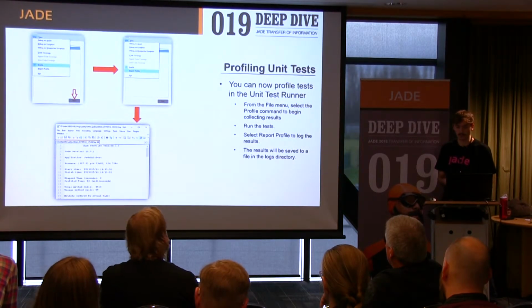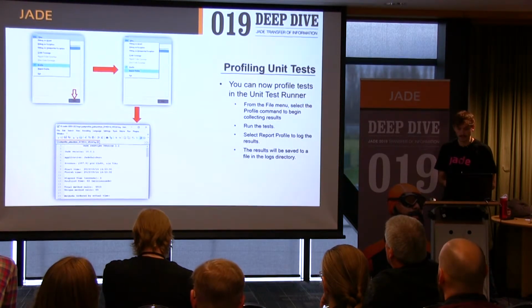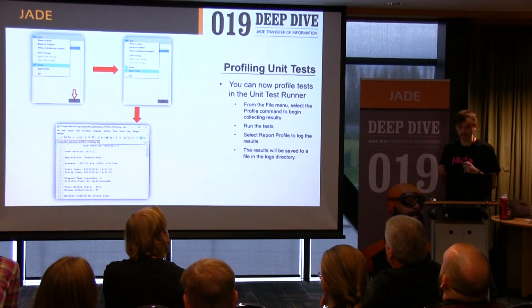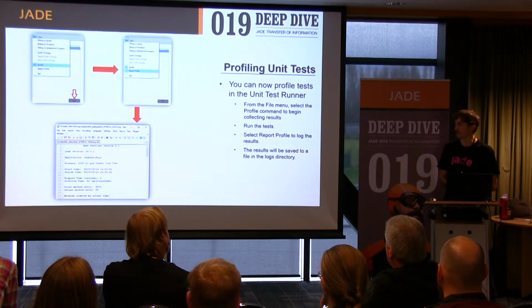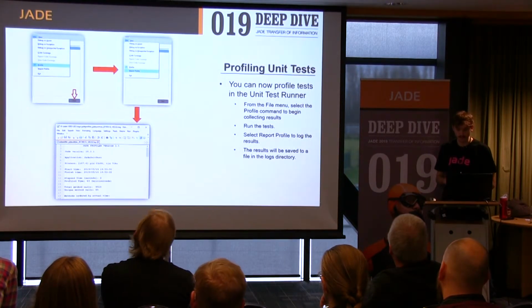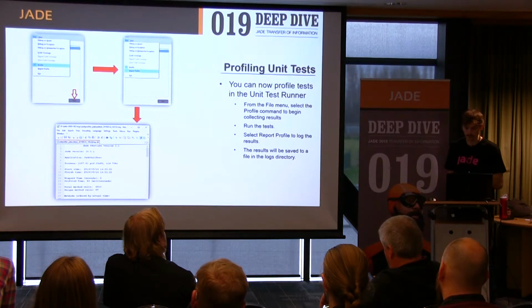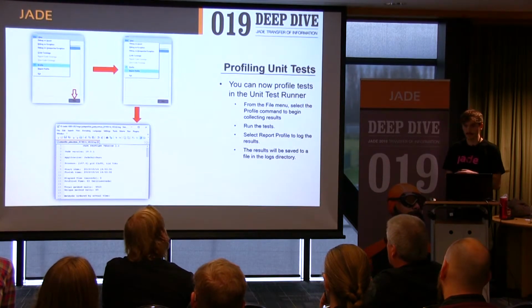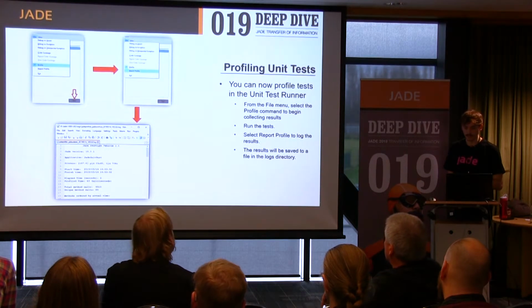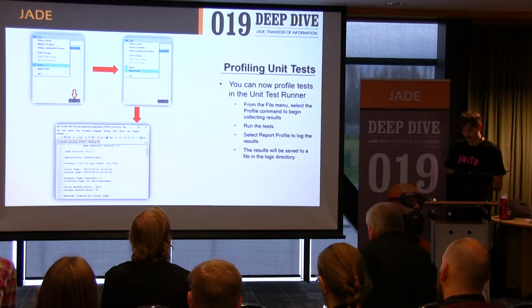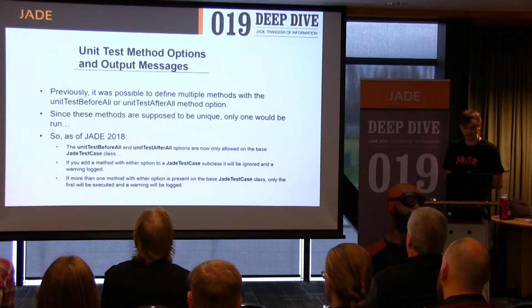These results will get output to the results file value of your Jade profile section in your ini file. To enable this in batch mode, you can add the profile equals true parameter to either the command line parameters list or the options section of your XML control file.